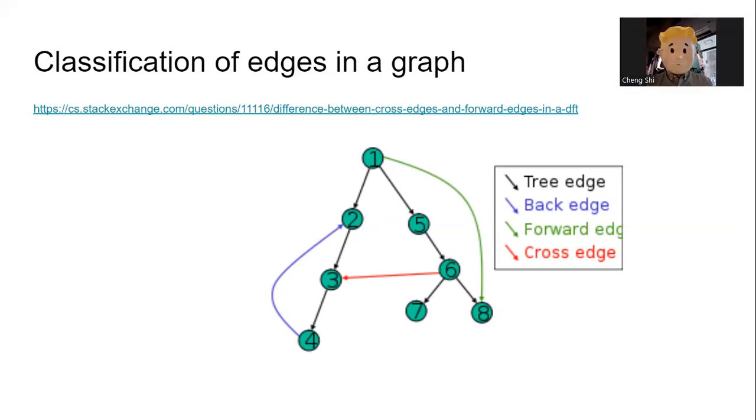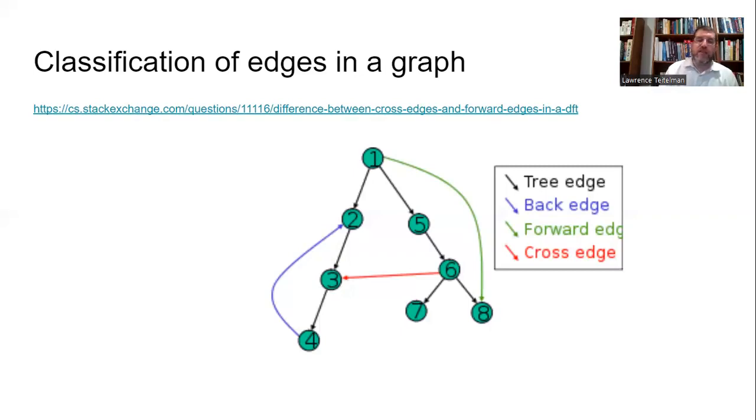So it's like the debate, right? Did Columbus really discover America? No, Columbus didn't discover America because there were people here before Columbus. So who discovered 2? It wasn't 4. 1 discovered 2. So when we discover 2 again, that's not called a tree edge.